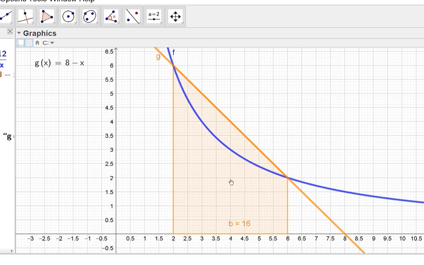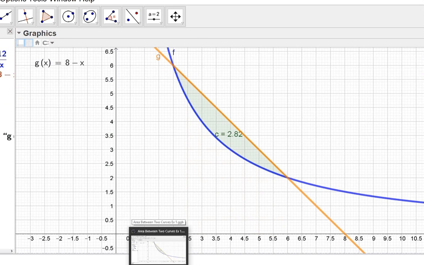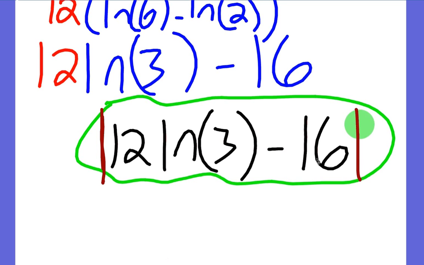So that's why when we subtract the two, we take the absolute value to get our rounded area of 2.82. If you didn't want to do the absolute value bars and you wanted to figure out the top function and then the bottom, you could have done g minus f. In that case, your answer would have been 16 minus 12 natural log of 3, and the absolute value bars would not have been necessary.